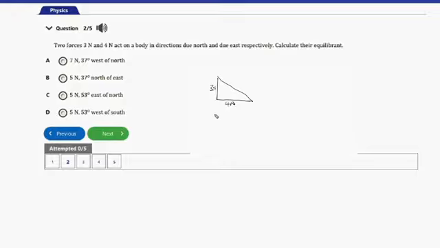If we complete this triangle, we're going to use Pythagoras' rule where 3 N squared plus 4 N squared will give us the z squared here.